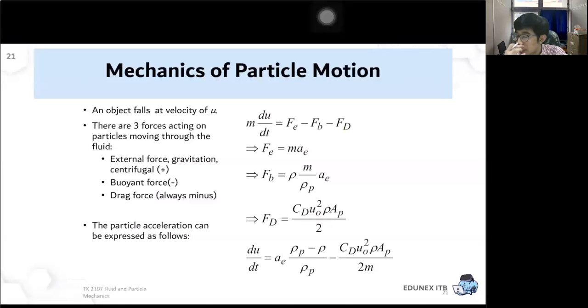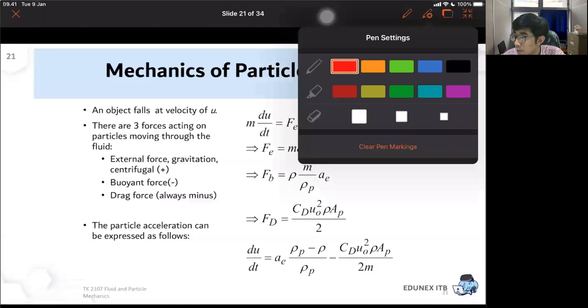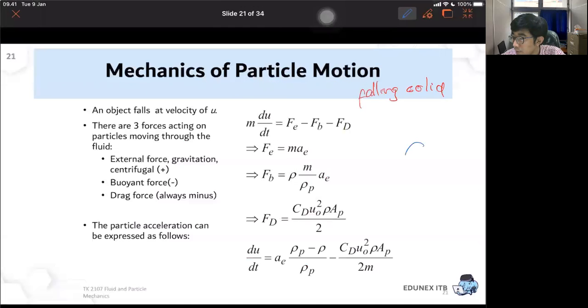Now we will discuss the falling particle or falling solid. So you can put some figures like this. This is the falling particle, this is the particle, and this is the fluid.